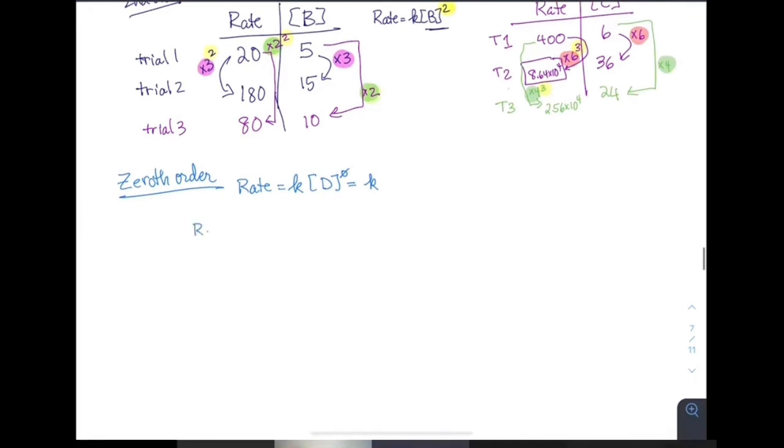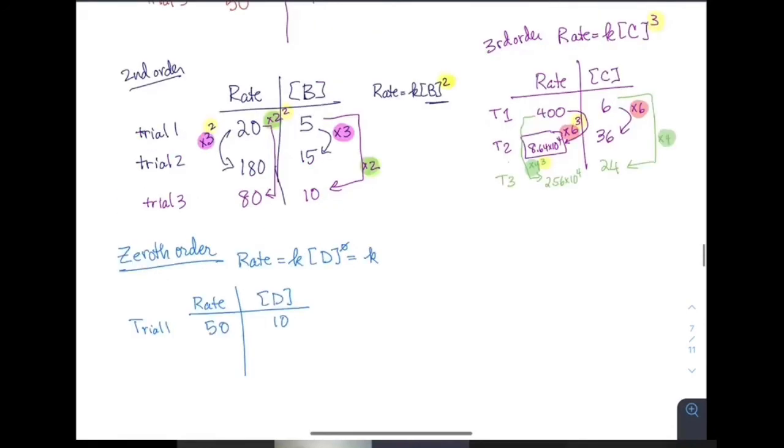So in this particular case, if I measure the rate versus the concentration of D, and I do trial 1, and I make the concentration of D 10, and I find out the rate is 50.